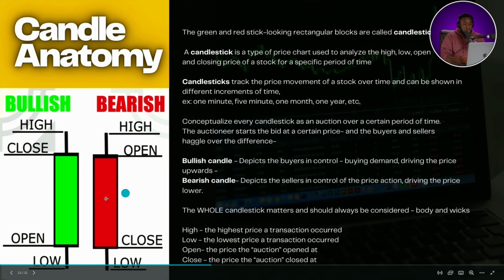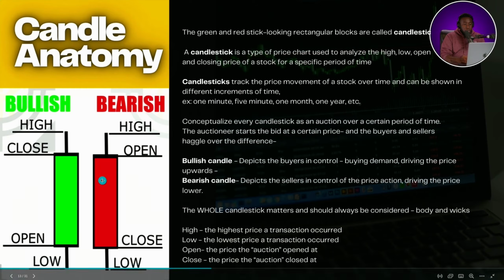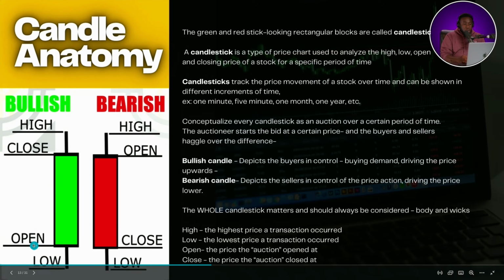So if we still use those same numbers from the bullish candle and the bearish candle, the middle being 100, the close of the bullish candle was 101. The open of the bearish candle was also 101. Both highs were 102. The open of the bullish candle was 99. The low of the bullish candle was 98. Both lows were 98. And then the close here was also 99. So that's how a bearish candle would look.